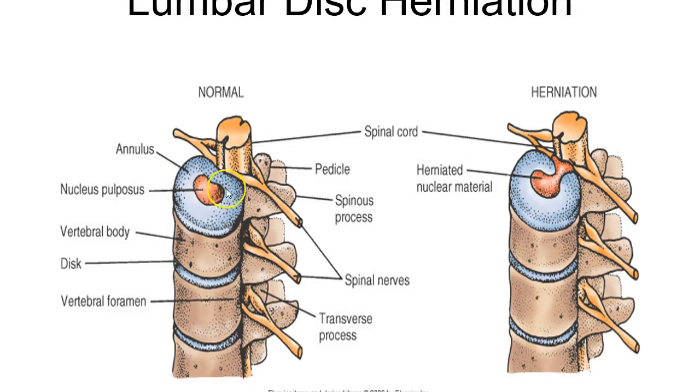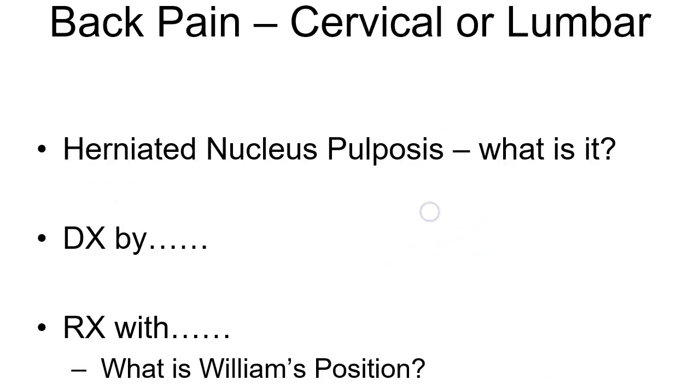And so the annulus protects that nucleus pulposus, that nice spongy layer there. And sometimes that hard cartilaginous annulus can crack open because of various injuries or traumas or repetitive strain. And then the nucleus pulposus oozes out, and it's called a herniated nucleus pulposus, or HNP.